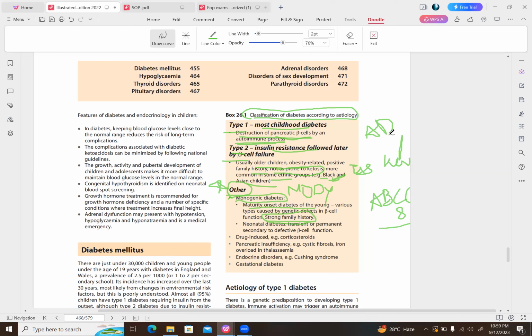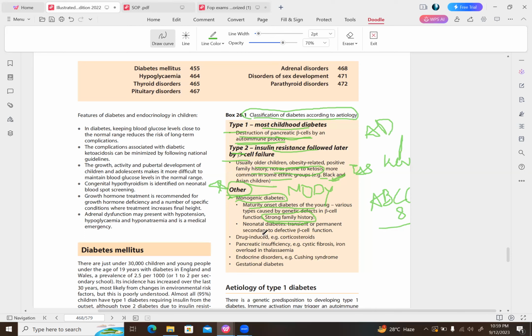Okay, so this is about maturity onset diabetes mellitus. If you treat them, you give sulfonylurea.